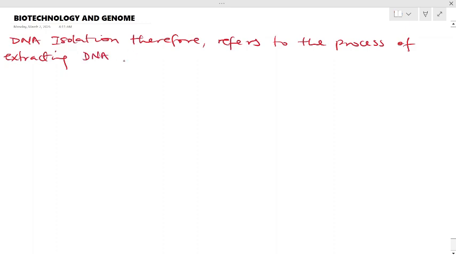That's the focus. We want to get the DNA. So it is the process of extracting the DNA from a cell in a relatively pure form, not as crude. We want to get it as clean as possible. It therefore involves separating the DNA from other cellular components.